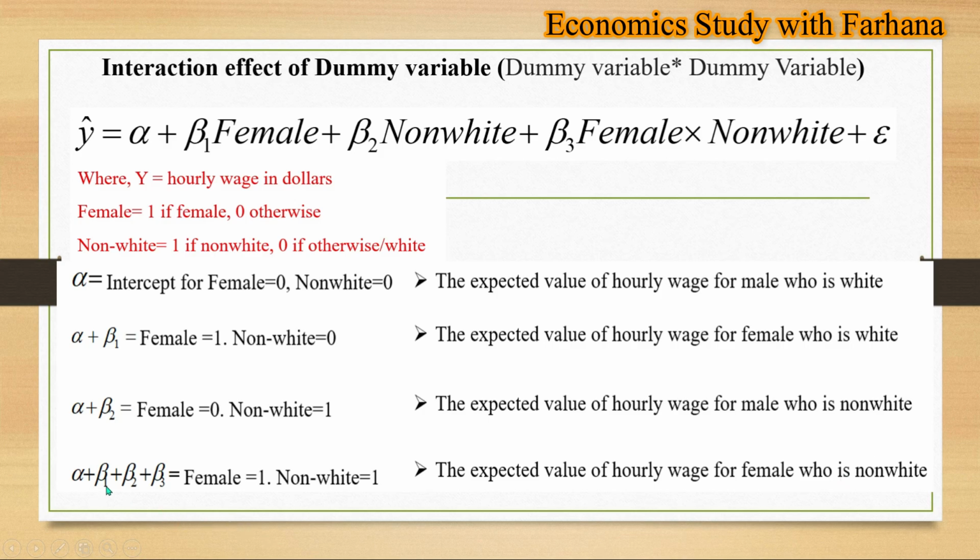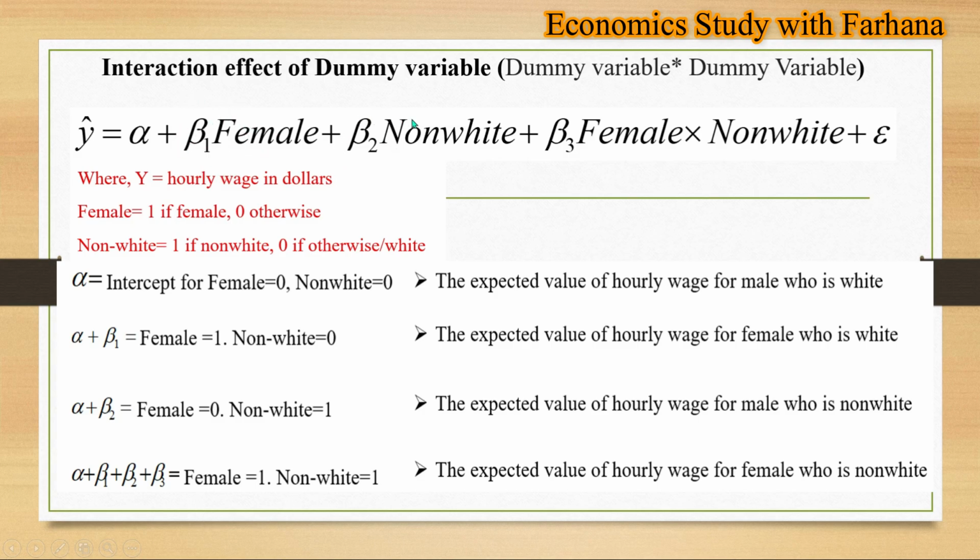Then alpha plus beta 1 plus beta 2 plus beta 3 will represent the mean hourly wage for a female who is non-white. As female equals 1 and non-white equals 1, alpha plus beta 1 into 1, so the beta 1 value will remain.